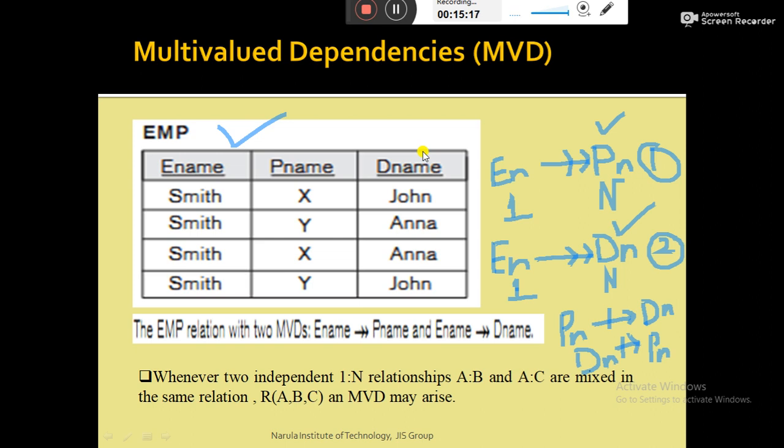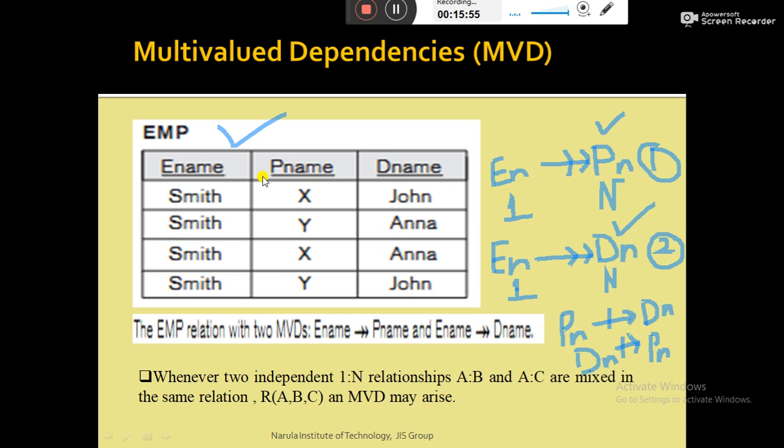So we can say that the relation EMP has multi-valued dependencies, and these multi-valued dependencies are ename double arrow pname, and ename double arrow dname. So again, just to summarize what a multi-valued dependency is: if a particular relation has two 1:n relationships, and these two 1:n relationships are independent of each other, then we can say that the relation has an MVD.